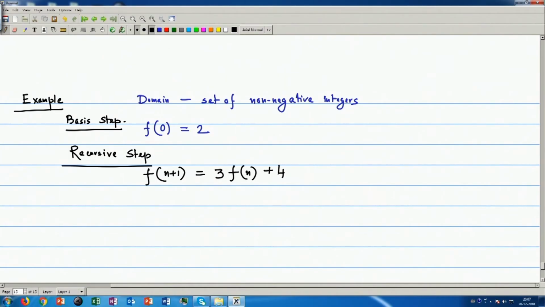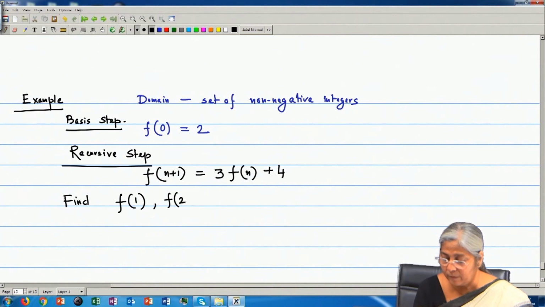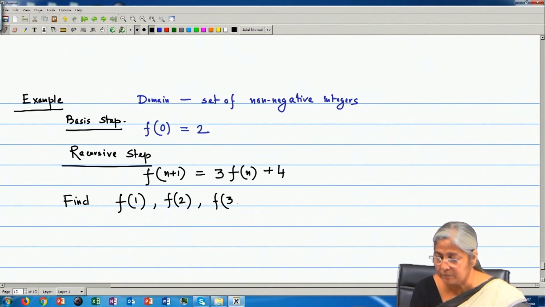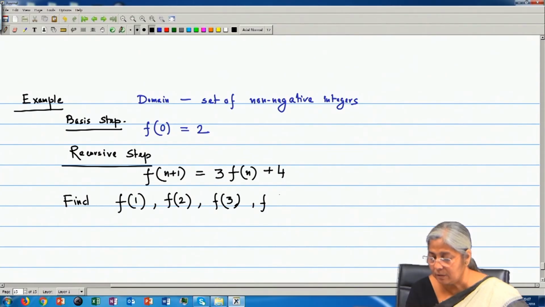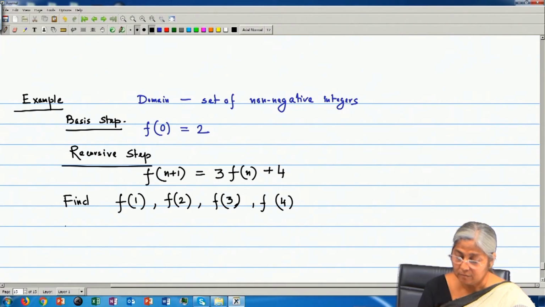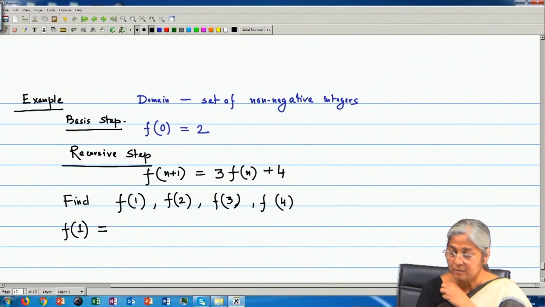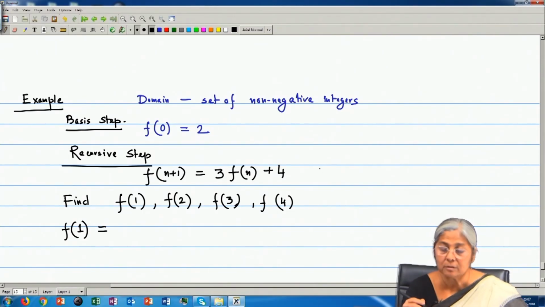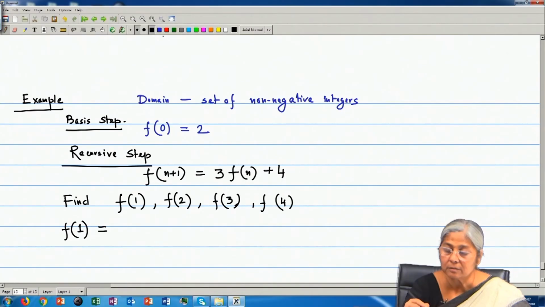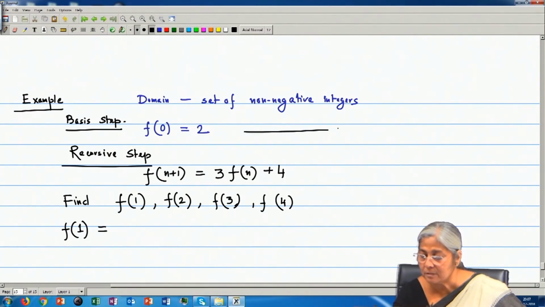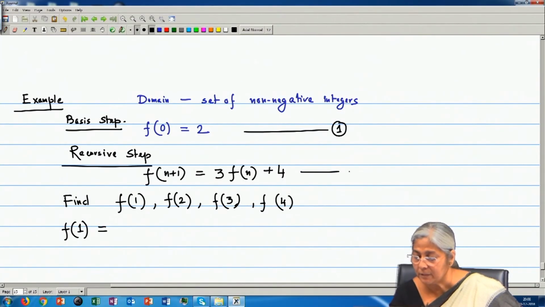So, now we can find f of 1, f of 2, f 3, f 4 and so on. So, how recursively can we define this function? We can use the relation: this is my basis step and this is my recursive step.